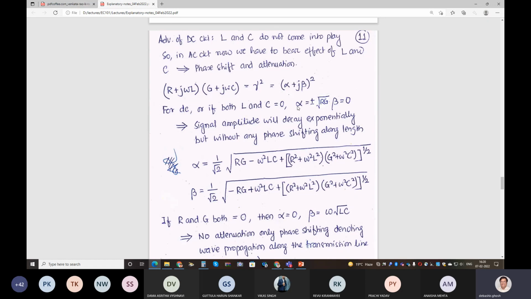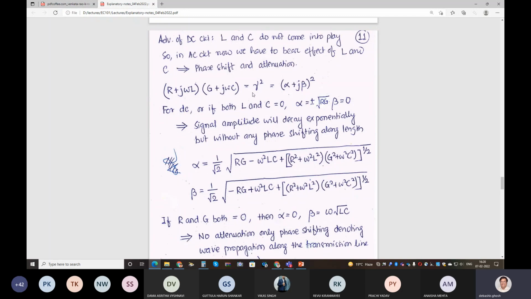Sorry, I am saying beta is equal to 0, not alpha is equal to 0.